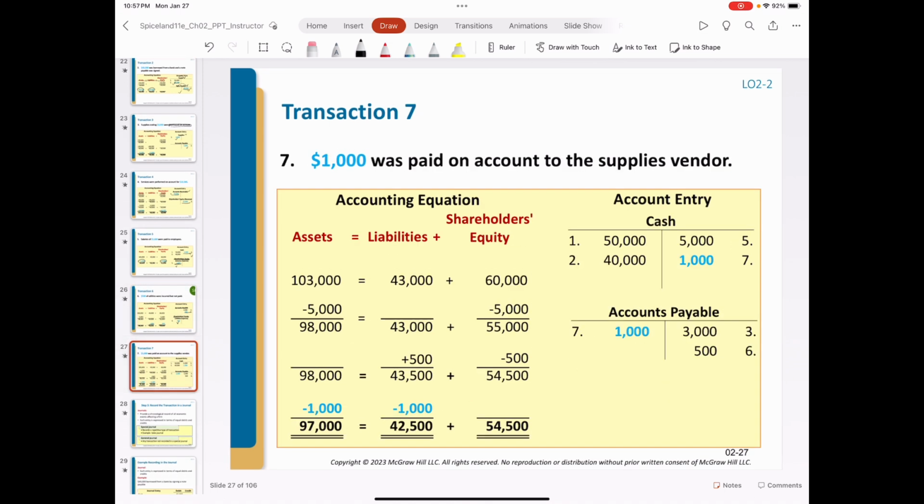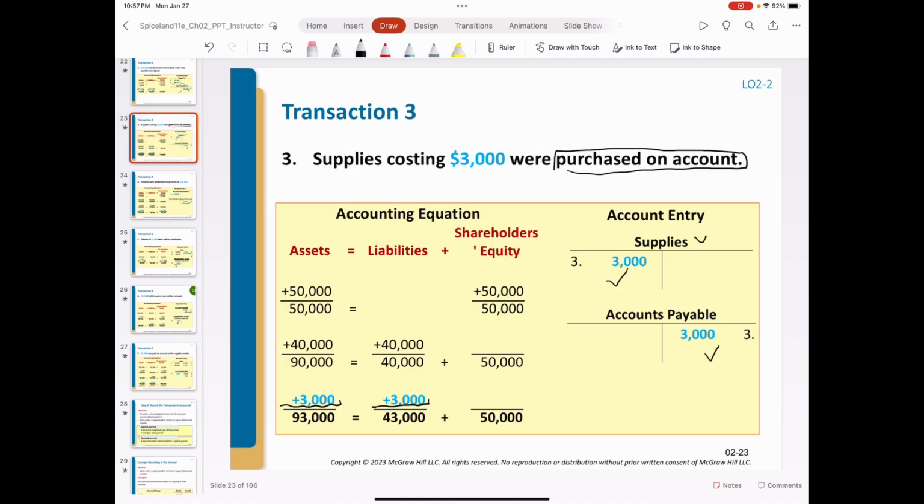Last one, $1,000 was paid on account to the supplier's vendors. So this transaction is associated with number 3. Remember here, the supplier, the vendor supplied $3,000 on account, right? So there was a $3,000 liability to the vendor.